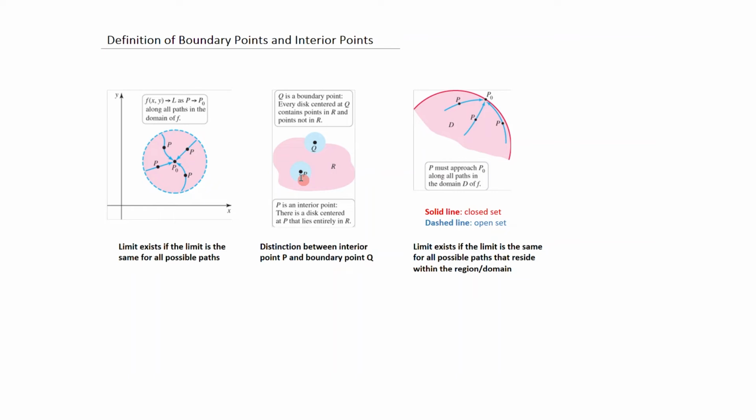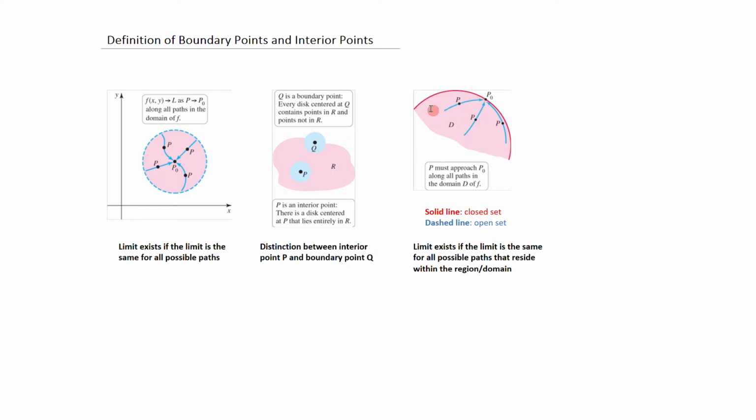On the other hand, if we're dealing with a boundary point, that would mean on the periphery of this pinkish region, then we approach the point Q on the boundary, but only within the domain. If you look at the diagram on the far right, you can approach the point P0 so long as you remain in this pink region.